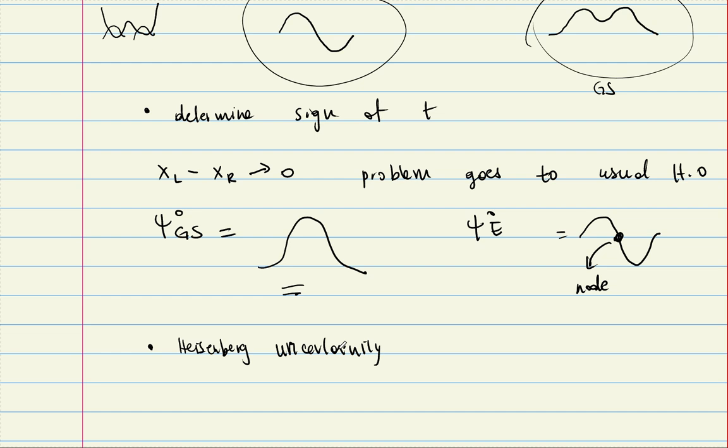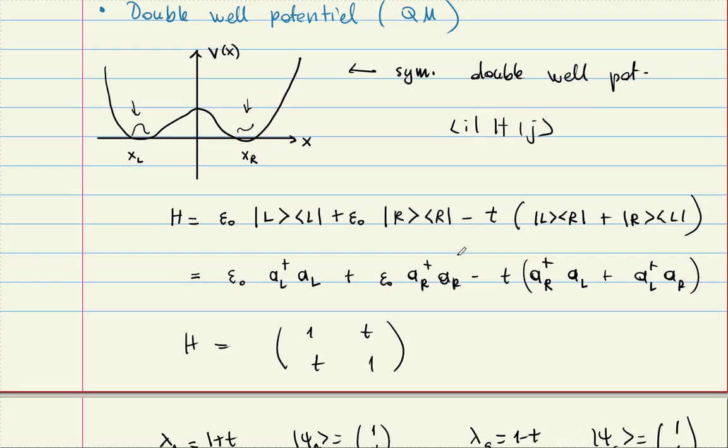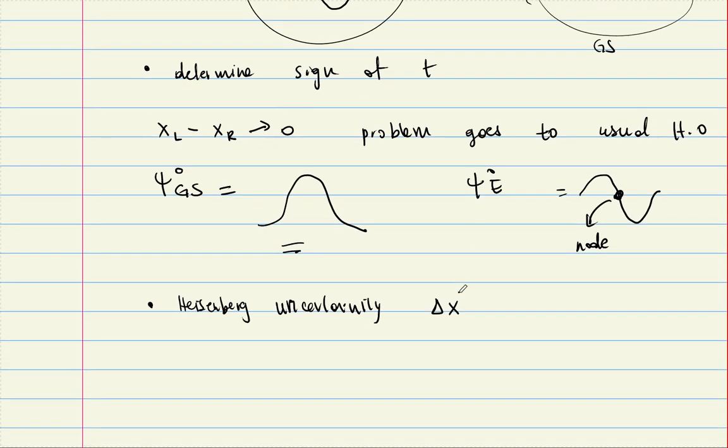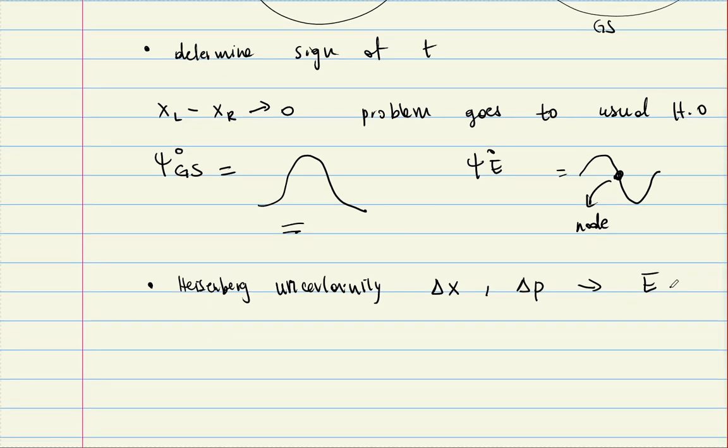How do you reduce the energy? By increasing delta x. How do you increase delta x? You let a little bit of the particle go to the other well, then delta x is going to increase. Then this is going to decrease delta p, and decreasing delta p is going to reduce energy. You can think a little bit about this.